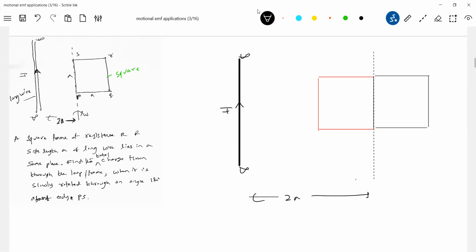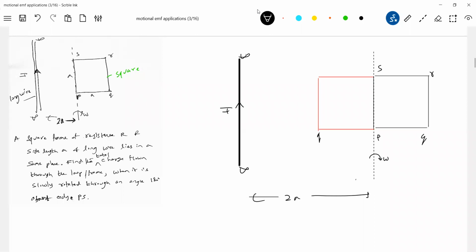So this is P, Q, R, S. I'm going to rotate it by 180 degrees, then the loop will come to this position, or you can say it is flipped.